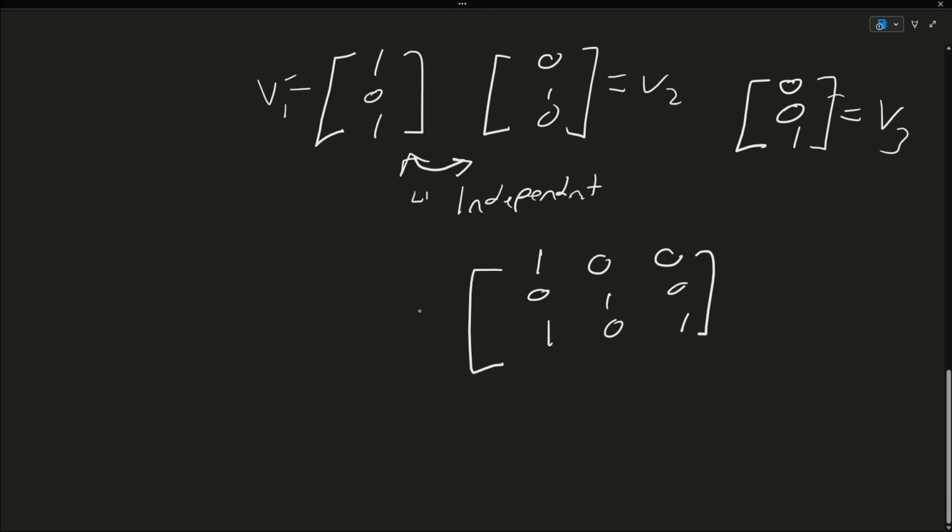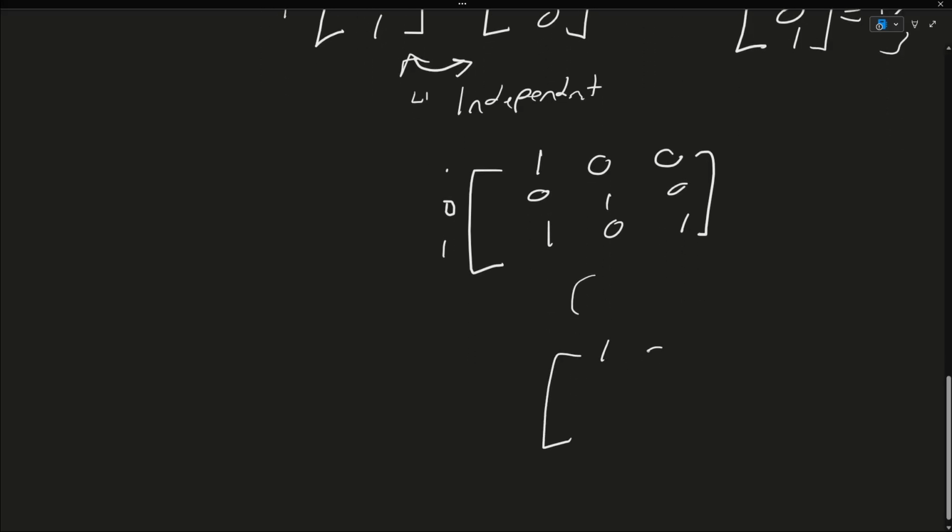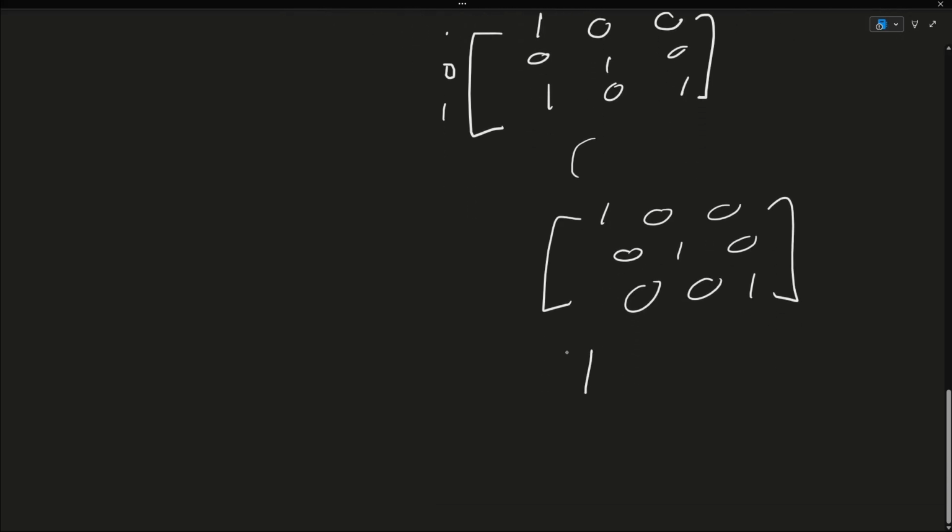And then once we have this, we're going to reduce the form. So this will be just like this, and we will have this matrix just like this, and this is called the identity matrix. We have 3 pivot columns, 3 pivots, and that means that we have 3 free variables.